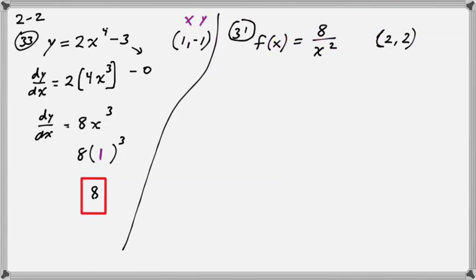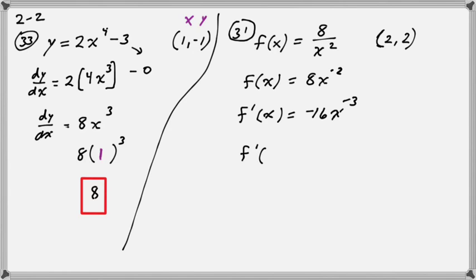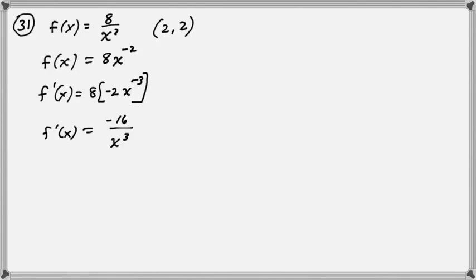Okay, 31 wants a derivative when x is 2. Before I even find the derivative, I'm going to rewrite this as 8x to the negative 2. I'm hoping you can tell me that 8 times negative 2 is negative 16, and 1 less power being negative 3. I'll never accept exponents that are negative, so you're going to have to move them to the other side.